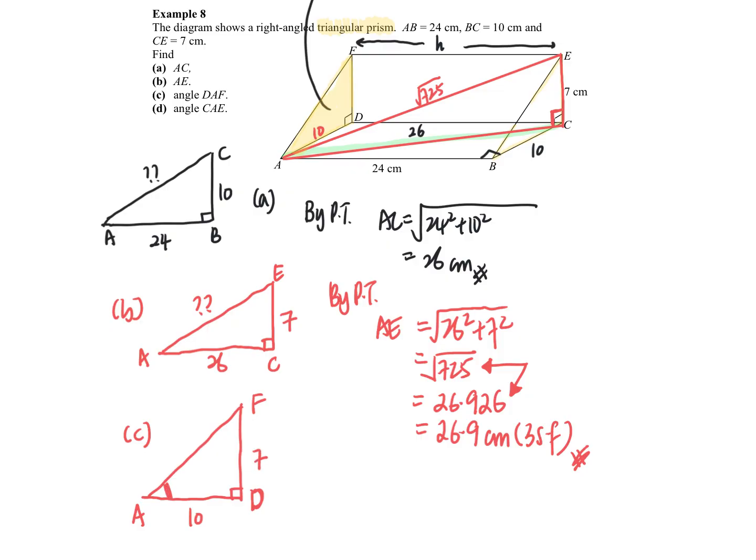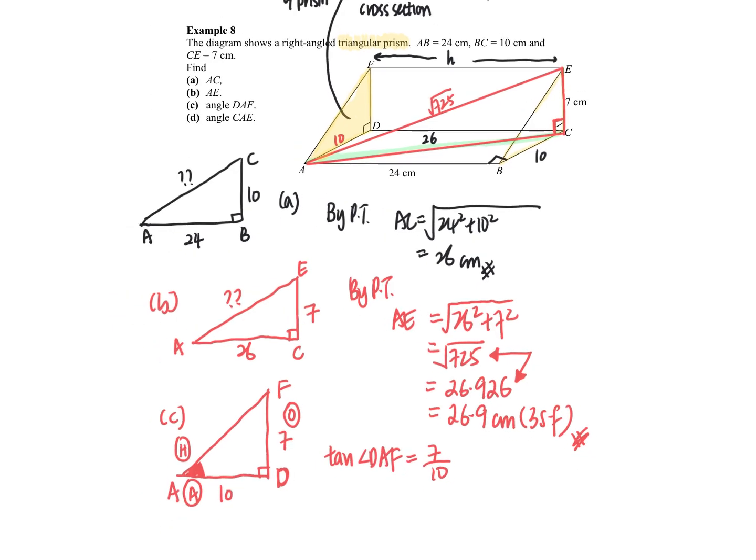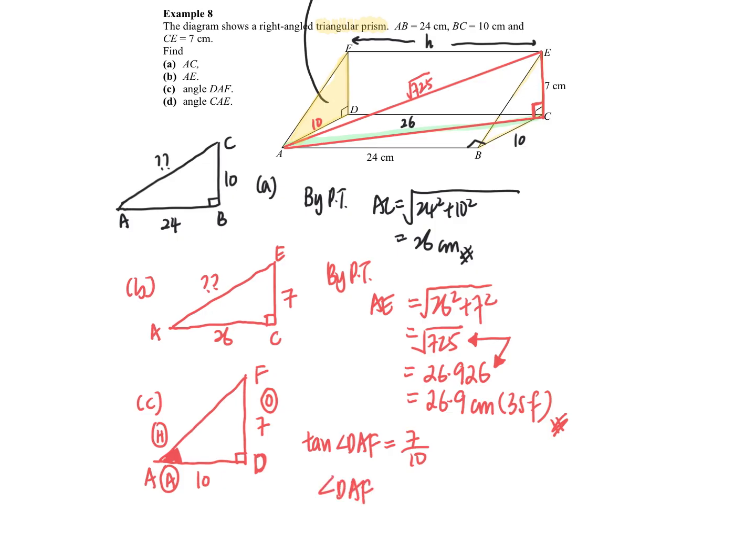So to find DAF, I will use opposite over adjacent, so tangent. So do a tangent inverse of 7 over 10. So 35.0, to 1 decimal place. This is the yellow one.